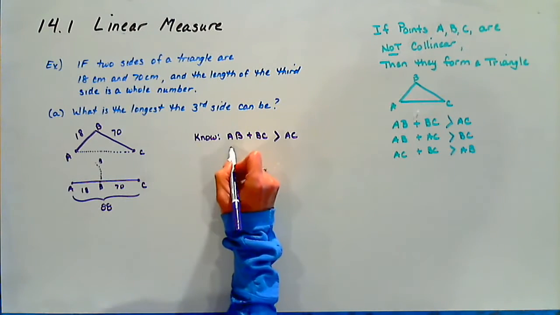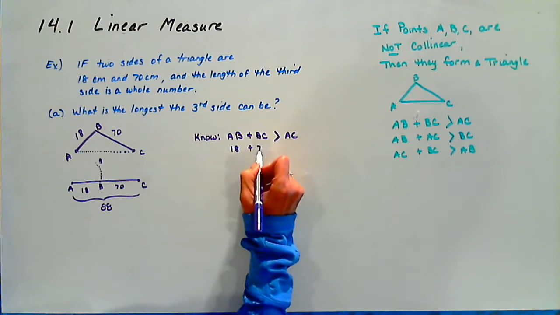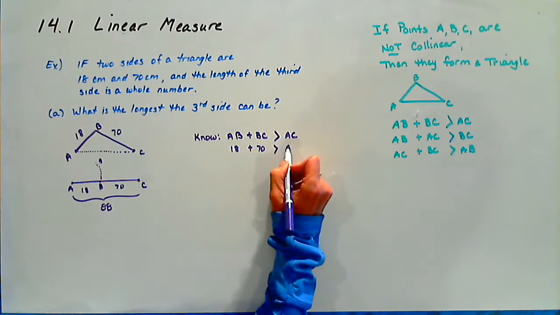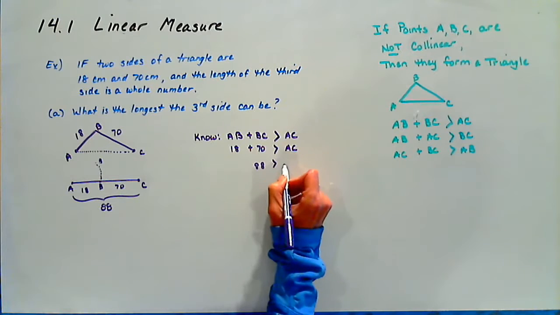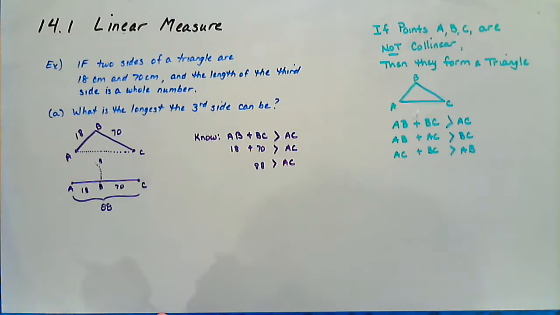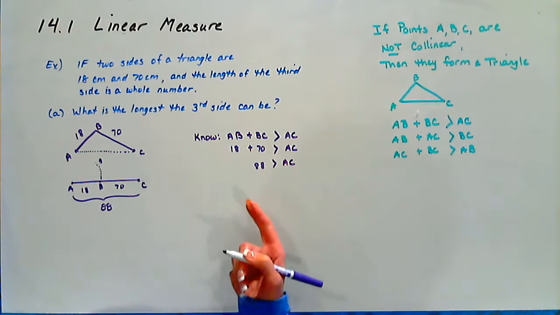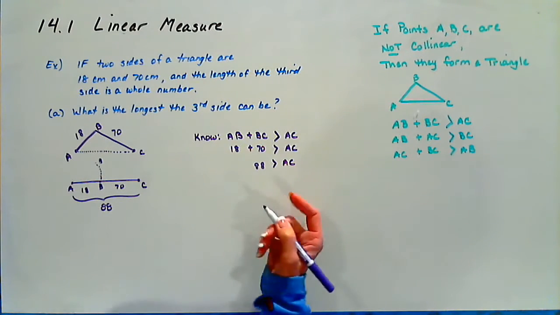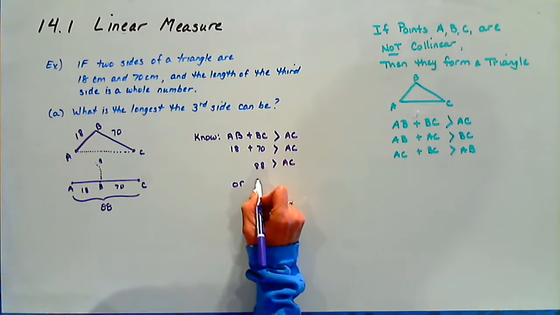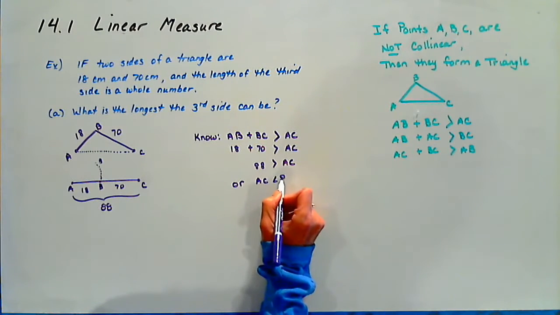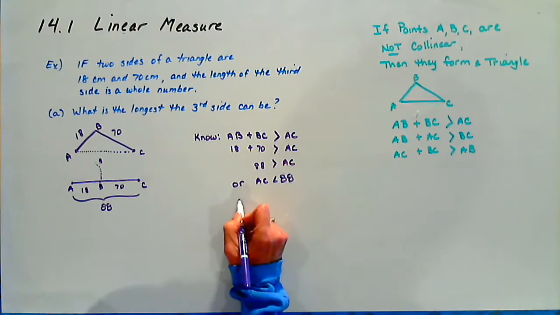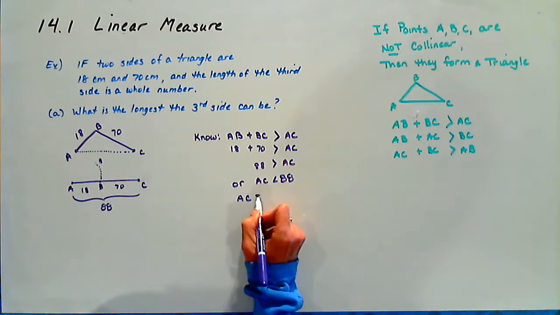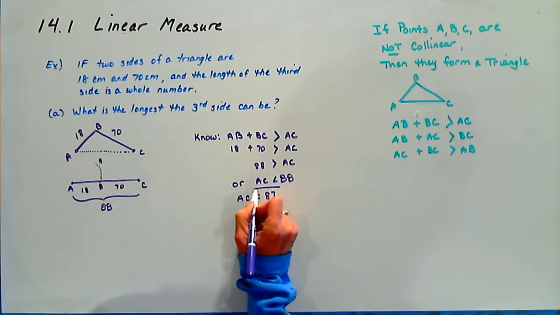So therefore, 18 plus 70 has to be greater than AC, which means 88 has to be greater than however long the segment is. So how long can the side be if 88 is greater than it? Another way to look at this, it has to be less than 88. Well, what whole number is less than 88? The largest whole number less than 88 is 87.